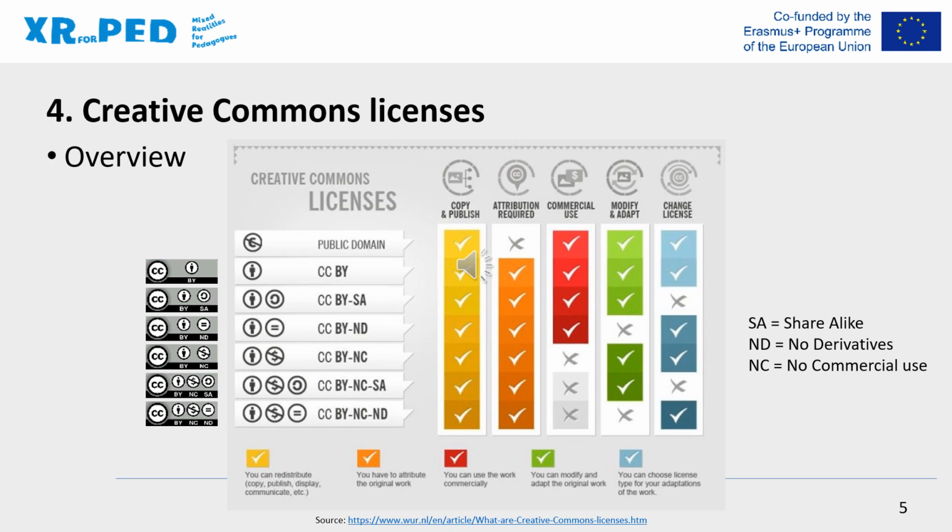CC BY SA, that's the Creative Commons Attribution Share Alike license. This license lets others remix, adapt, and build upon your work, even for commercial purposes, as long as they credit you and license their new creations under the identical terms.